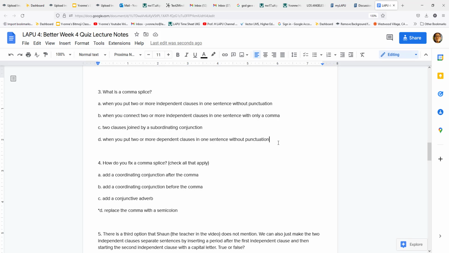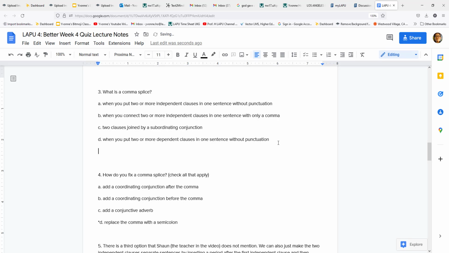So if I were to give an example, a comma splice is something like, John is dumb, Mary is smart. Okay, that's a comma splice, because here you have an unnecessary comma here.